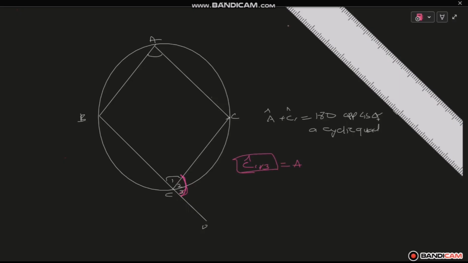I think I can actually use a white pen here. Let me change the color and use the white pen. We'll use the colored pens for highlighting.